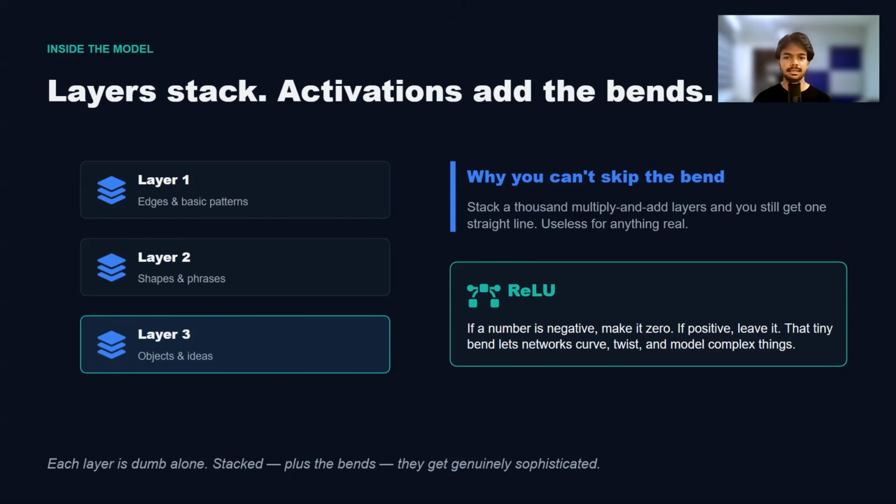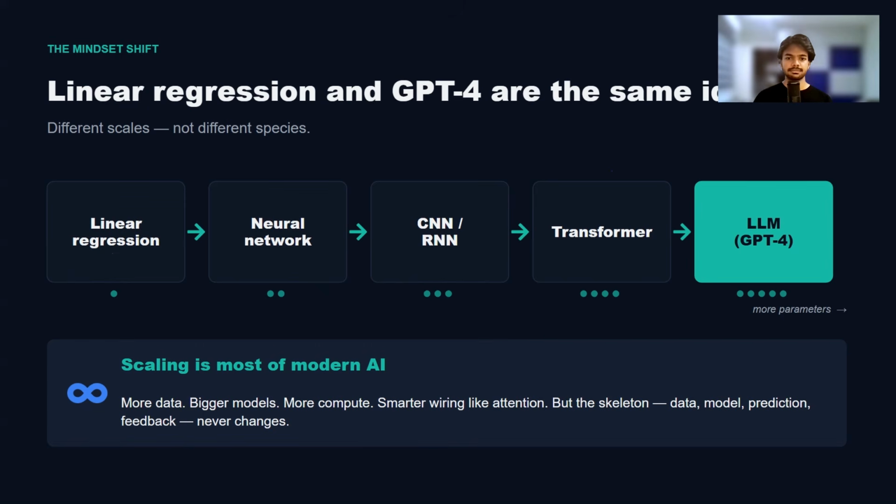Now let me connect the final dot because this is a shift that makes everything click. Linear regression, which is a line through some points on a graph, and GPT-4 are not different species. They are the same idea at different scale. Linear regression is a handful of weights, one simple function.